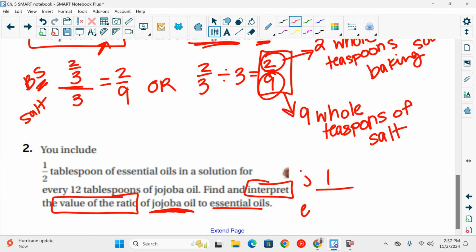I've got 12 tablespoons on top, and half a tablespoon on bottom. That's setting up the ratio. Now we want to find the value of the ratio. So you should be typing that into your calculator, or dividing it, and you end up with 24.